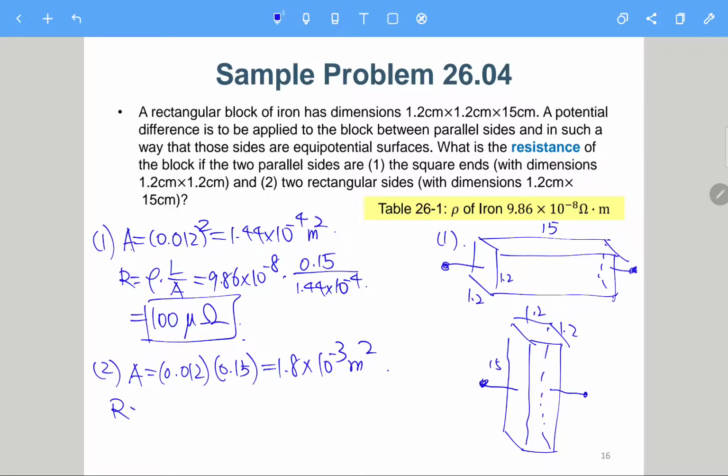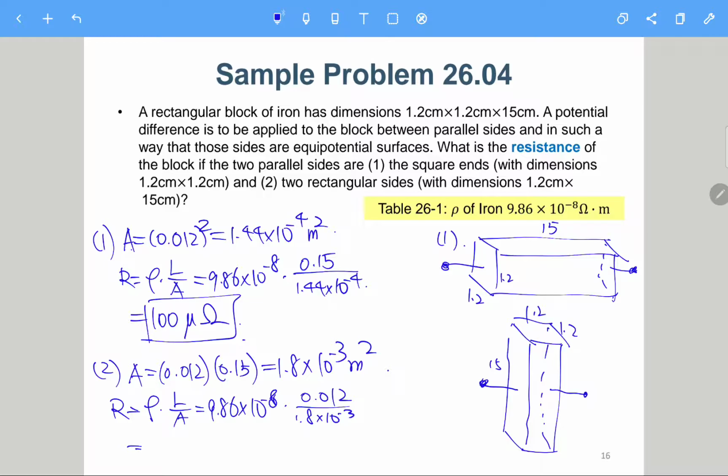And then R would be rho times L over A. Rho is the same, 9.86 times 10 to the minus 8th power, times L, which is only 1.2 centimeter, 0.012, over 1.8 times 10 to the minus 3rd power.